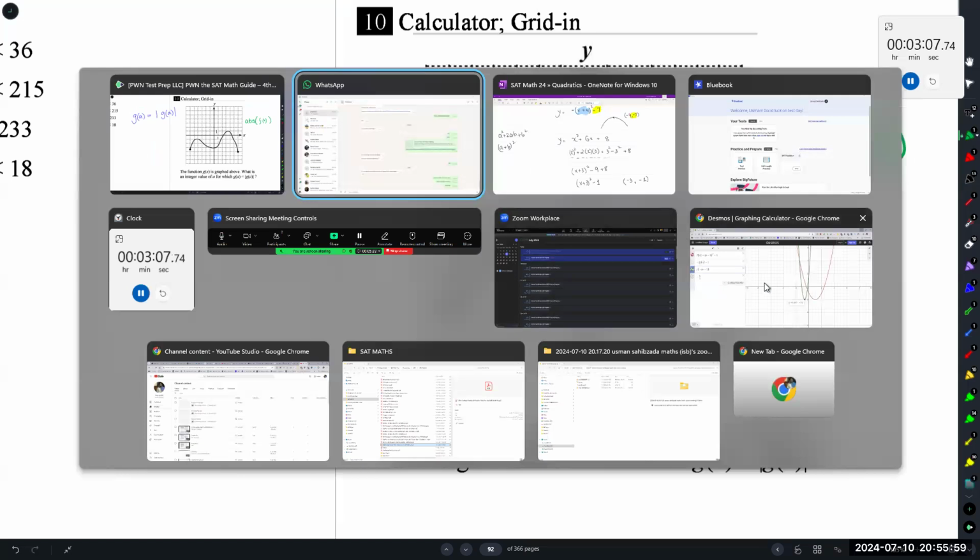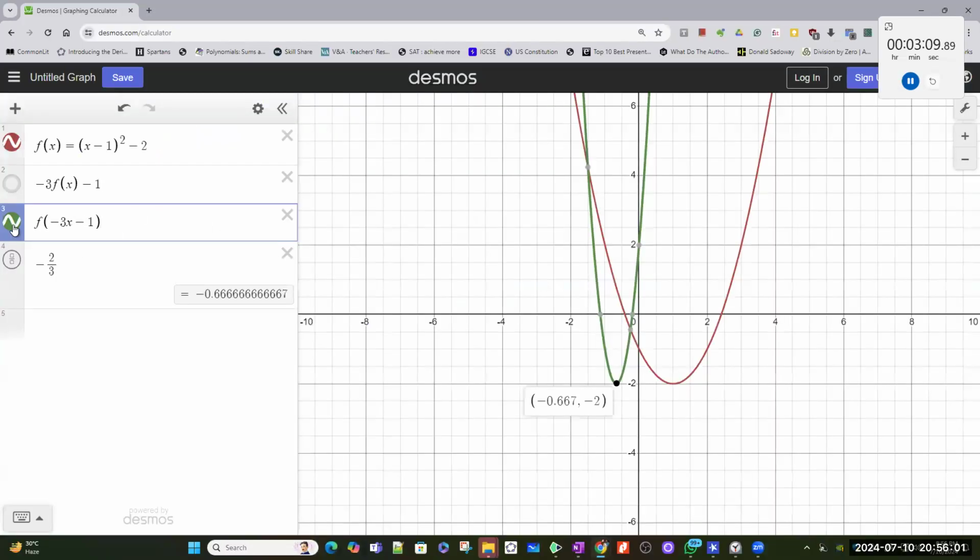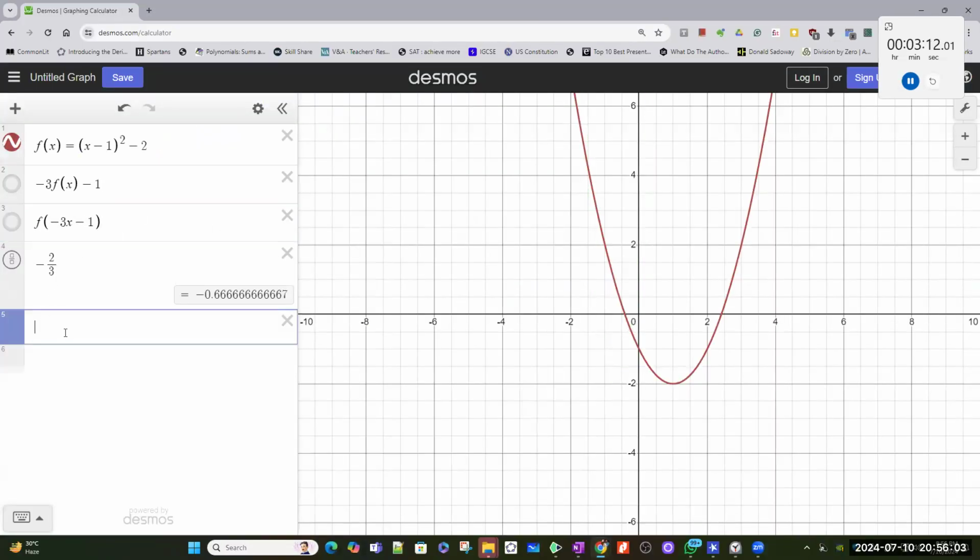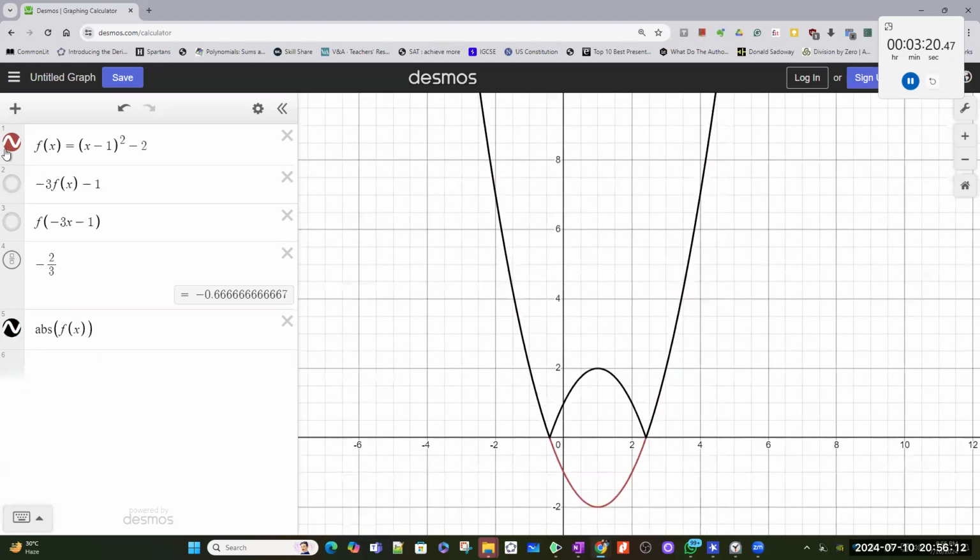For example, if I say ABS, absolute value of f of x, this is what it does. It turns my function f of x and makes it absolute. Everything that was negative gets reflected in the x-axis and it becomes positive. Is that clear?